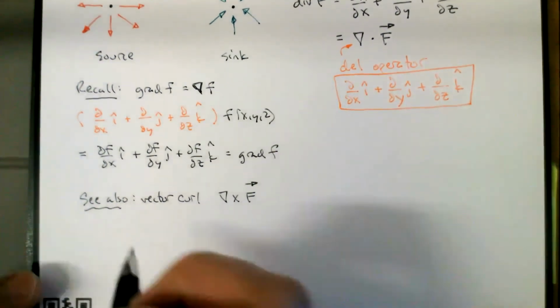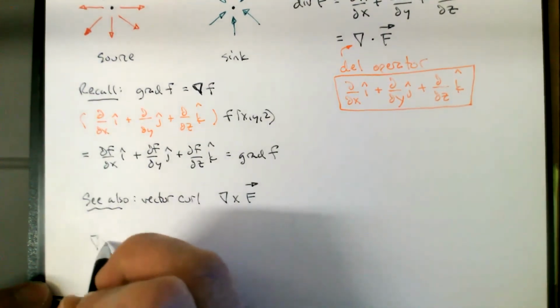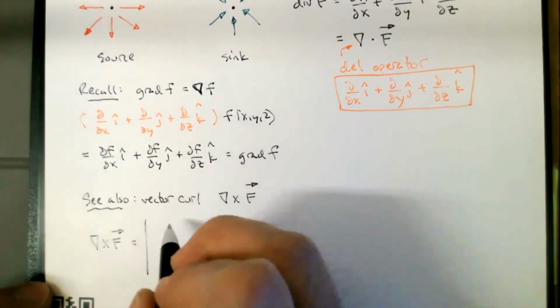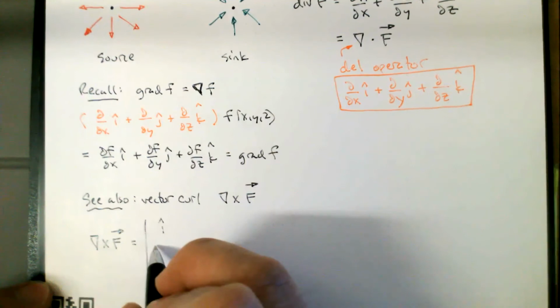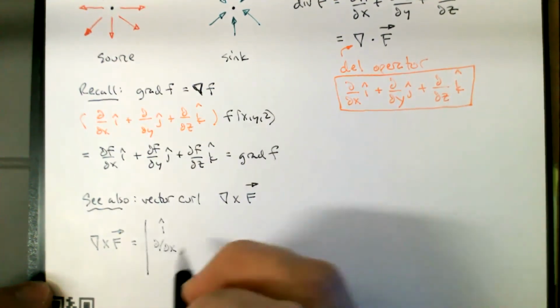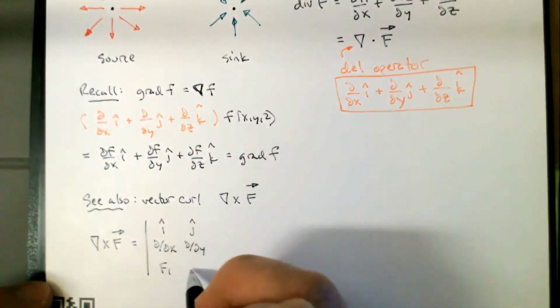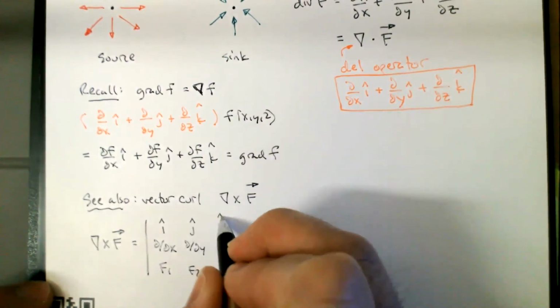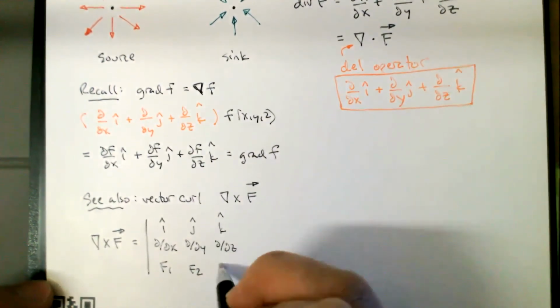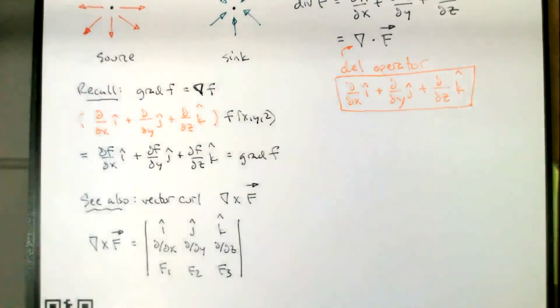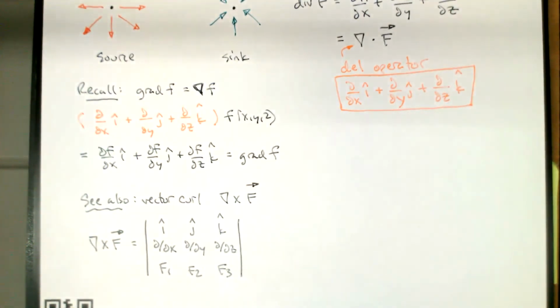So if we take the cross product, we'll find the determinant of i, j, k, then the del operator, and then the last row, we put the function, the vector field F.